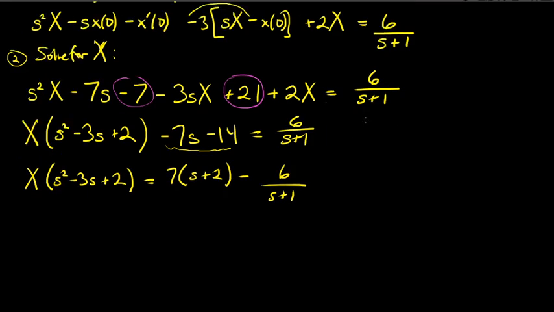Okay, the only thing left to do now is divide both sides by this s squared minus 3s plus 2, which, by the way, you can factor, right? This is going to be s minus 1 times s minus 2.